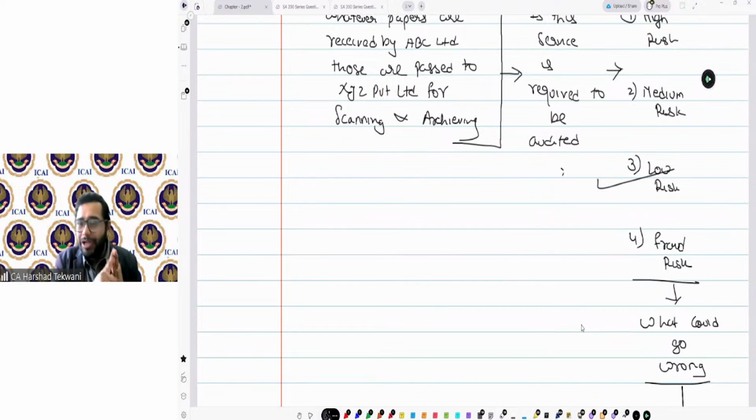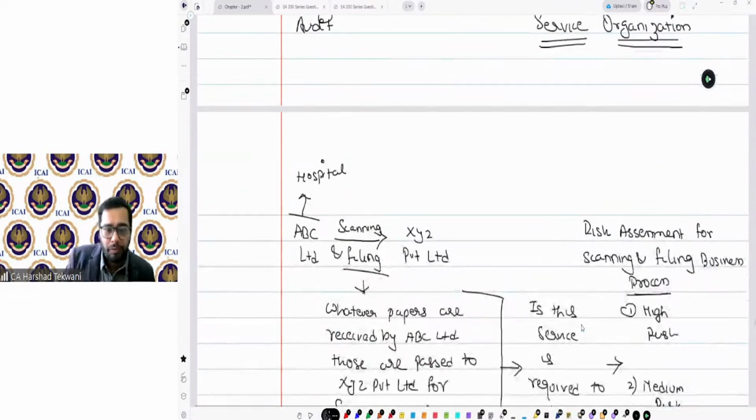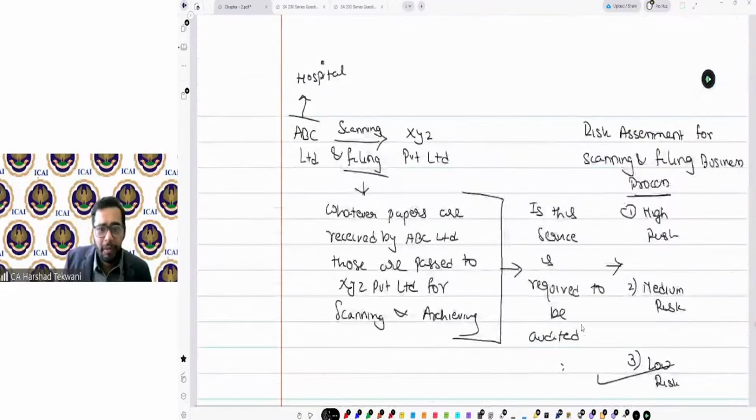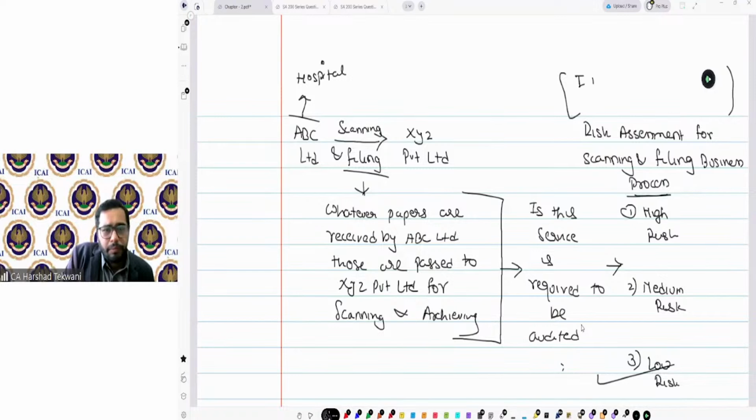There is no need to test the record retention process separately, and hence I might exclude this process. I might scope out this process from testing.